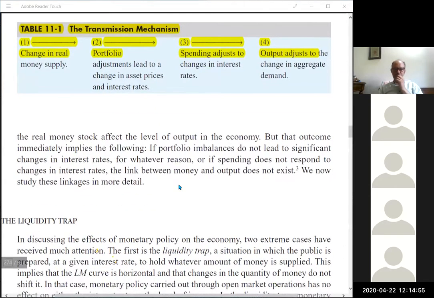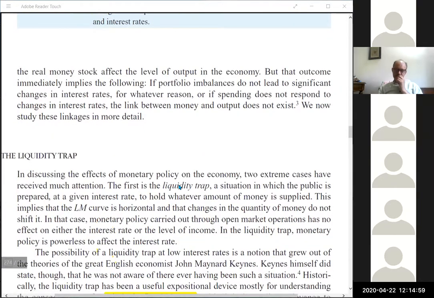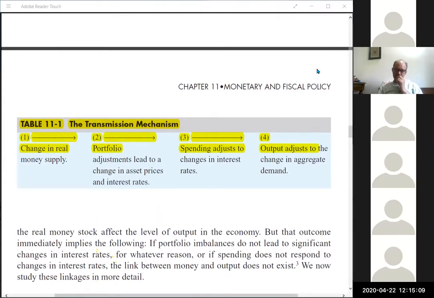Yes, sir. In one of the previous classes, you said that the rate of interest refers to the cost of borrowing money. So how have you related it with the asset prices again? When did I say that the rate of interest refers to the cost of borrowing? When you started IS-LM.